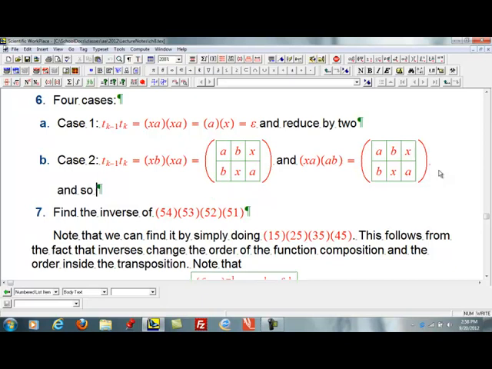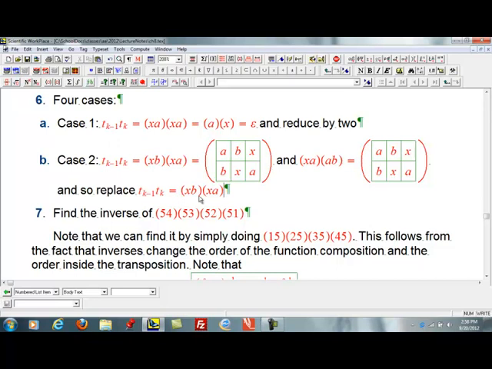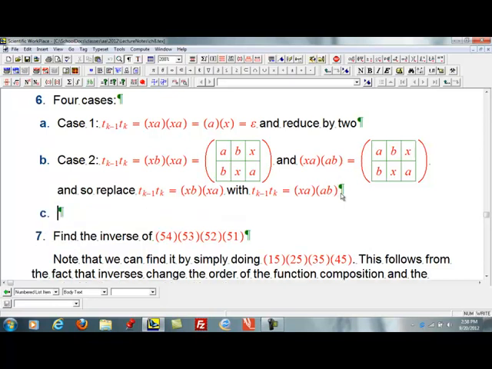So this is where we're going to replace this value right here with this value, and it's going to be XA and AB. So that was the second case. Let's look at the third case. In this case, we have CA and XA.